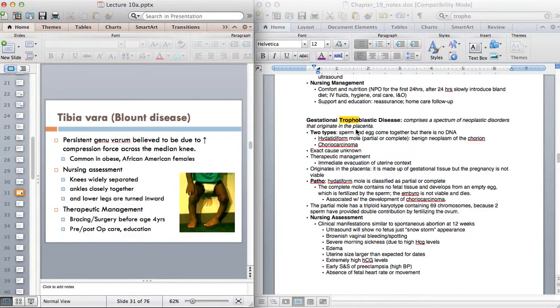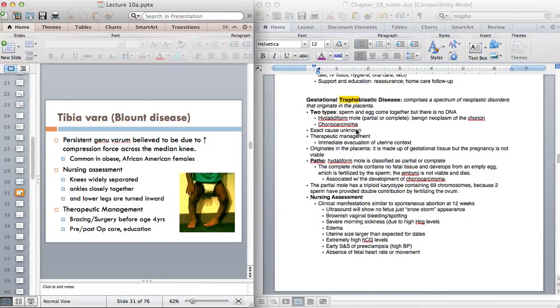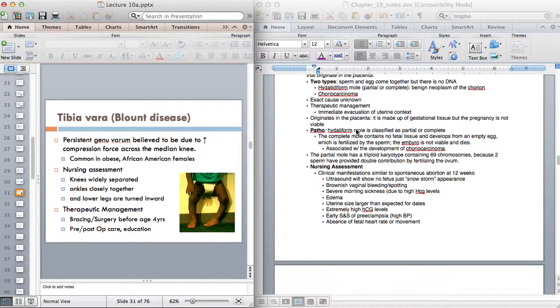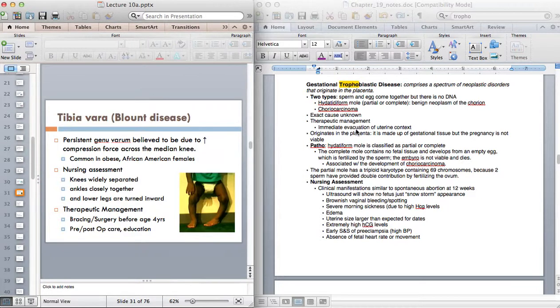So what happens is that you will notice that the knees are widely separated, as opposed to when they are straight and almost in alignment. When you place the two legs together, normally they are approximated, but when they have tibia vara, they put the legs together, but they still have that gap because the two knees are separated.